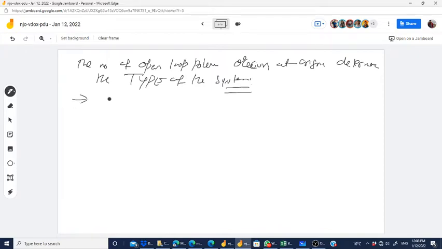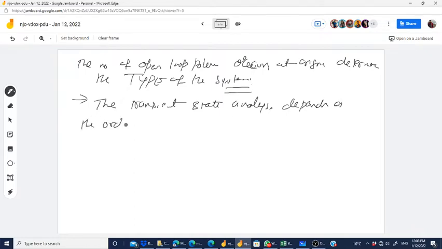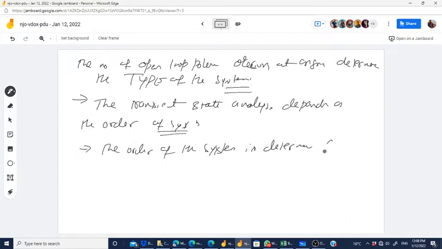However, now the transient analysis, there are two kinds of things. The transient state analysis depends on the order of the system, right? And how will the order be determined? The order of the system is determined from the closed loop transfer function.